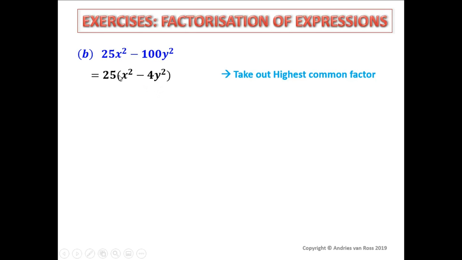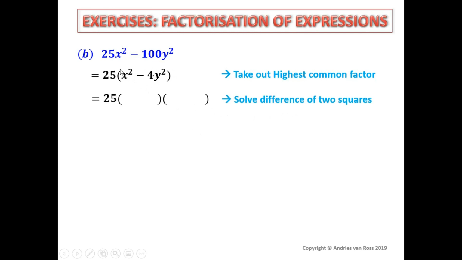So we have a difference of 2 squares. So we can simplify that by factorizing it using the method that we have learned of how a difference of 2 squares works, and it comes from those special binomials.